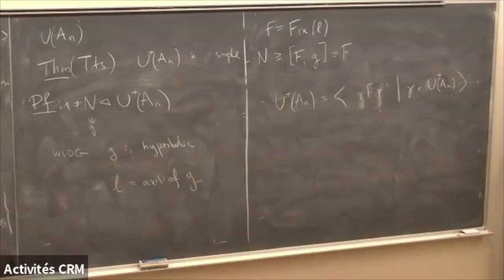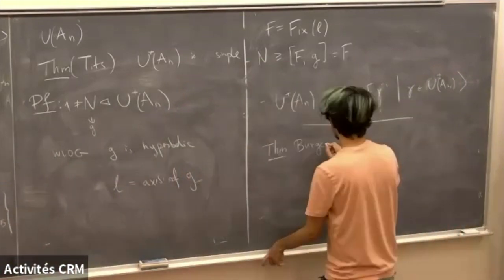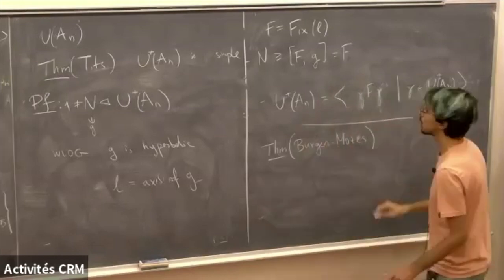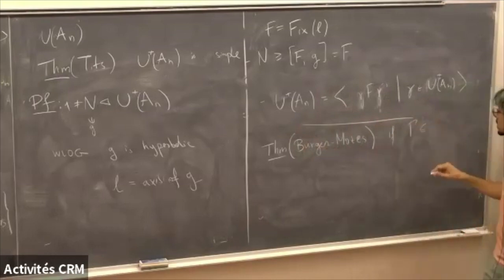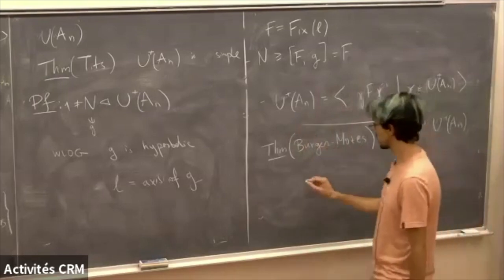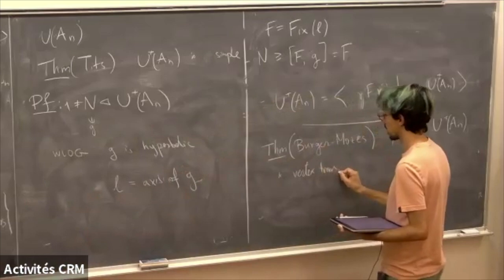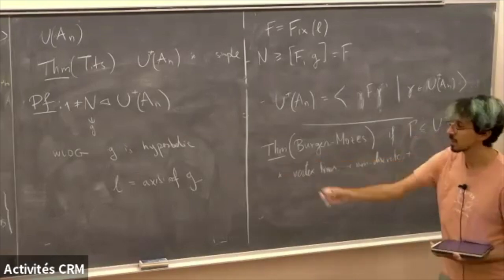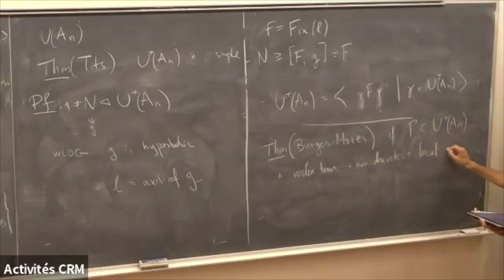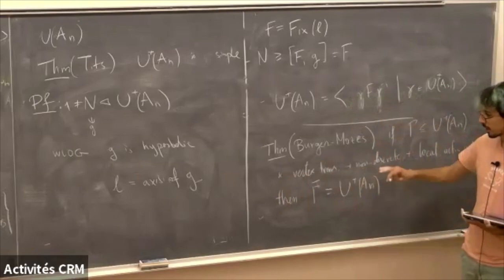And what's left for us is the following theorem of Burger and Mozes, which says: if gamma is a subgroup of U plus of AN, and it is vertex transitive and non-discrete, and the local action of gamma, meaning the permutations that I actually get in gamma, are AN, then gamma is dense. Okay, so I mean, this is really remarkable.